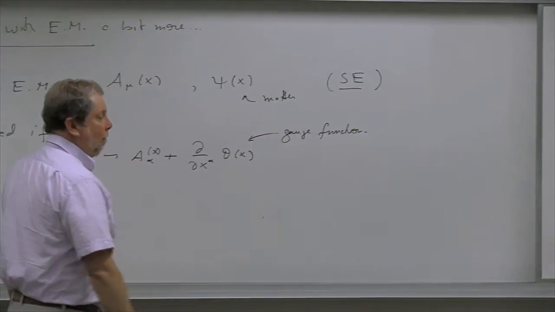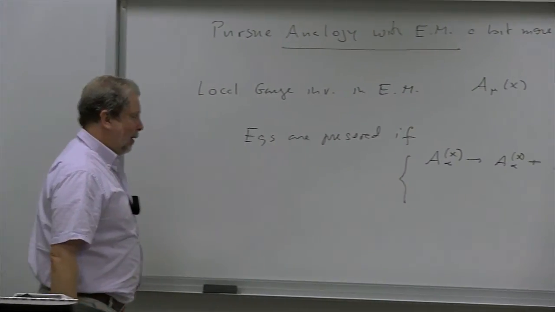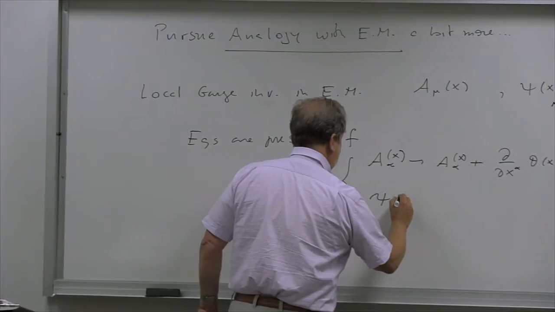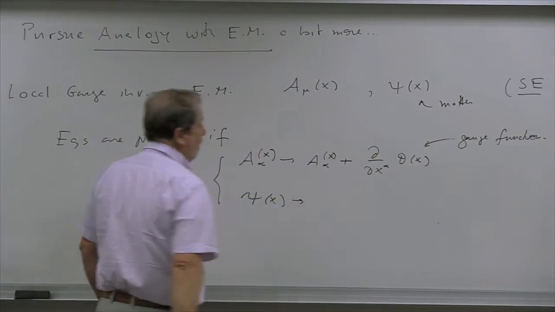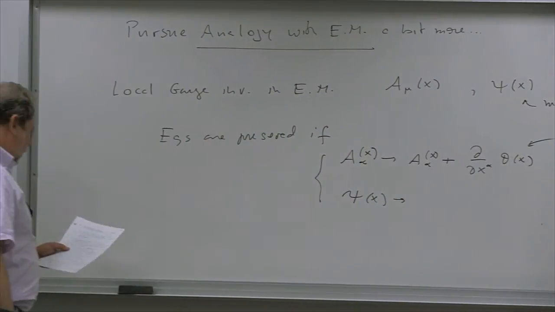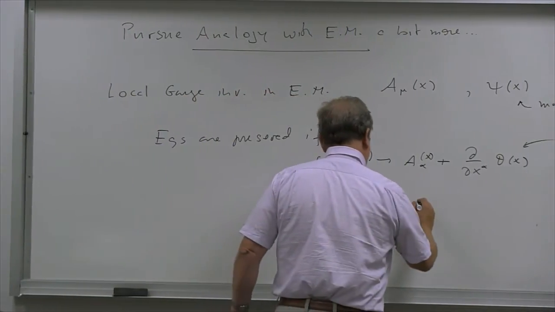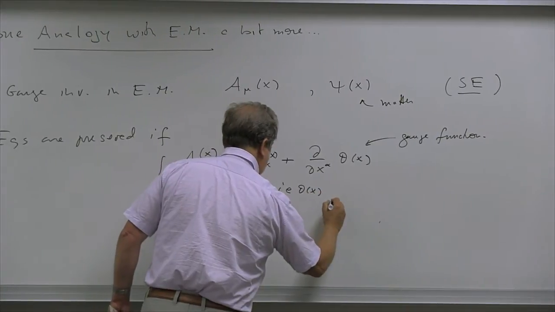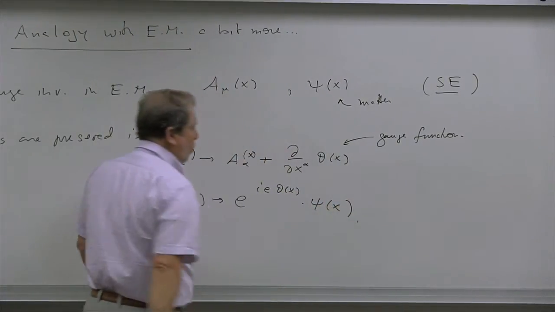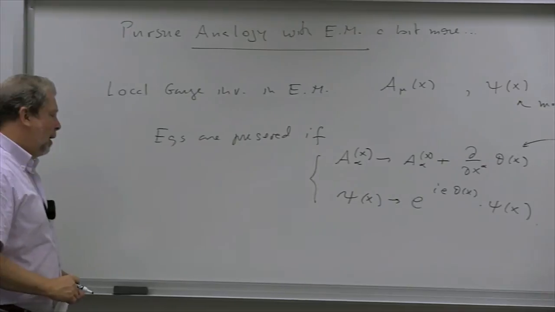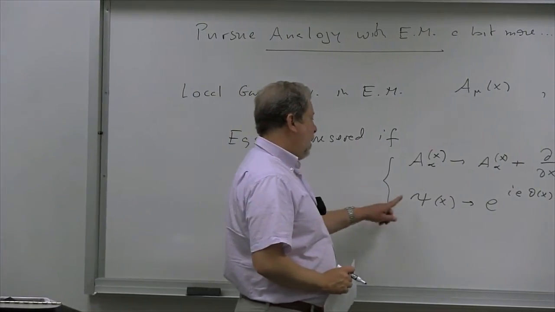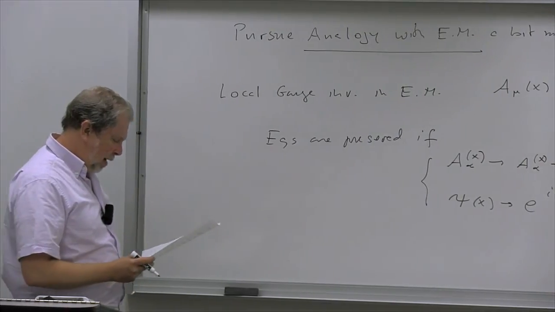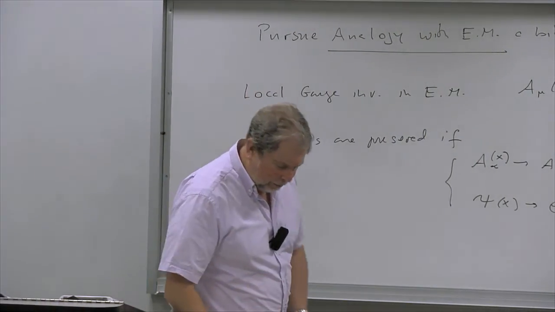And the Schrödinger equation or the Dirac equation is invariant under psi of x getting multiplied by a phase, e to the I e theta of x times psi of x. If you do this transformation simultaneously on the electromagnetic field and on the matter field, the equations are invariant.